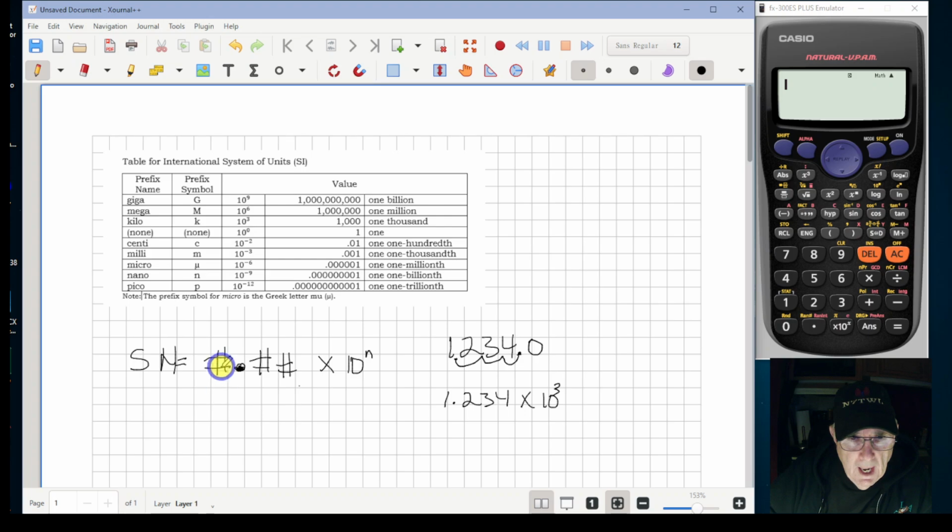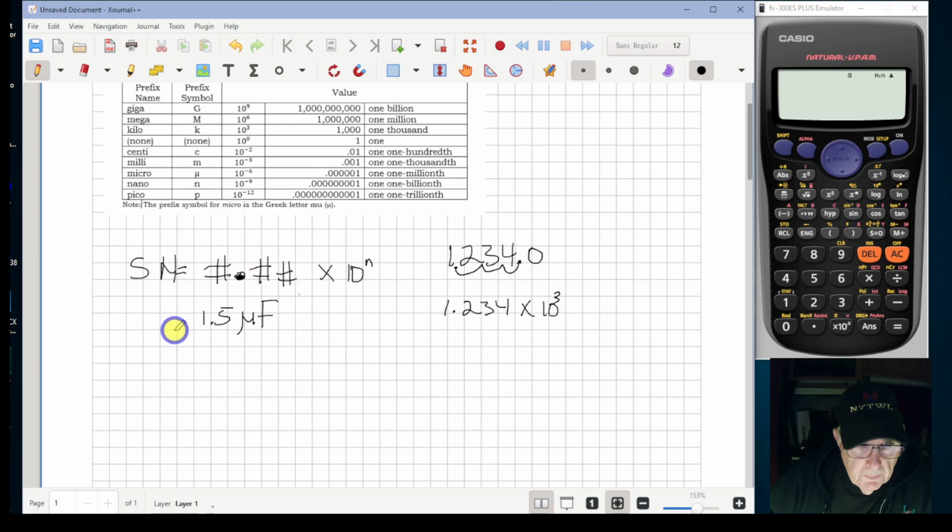Well, what if I have 1.5 microfarads? Notice it has that mu symbol up here, and that's micro, that's 1/1,000,000th. How would we write that out? We'll start with the decimal point, and micro is 6 digits behind the decimal point.